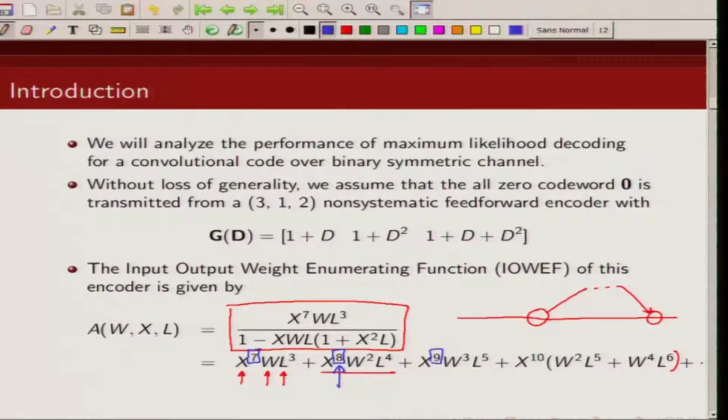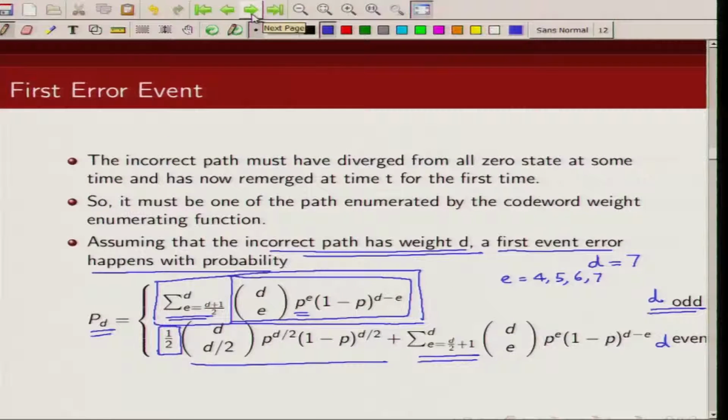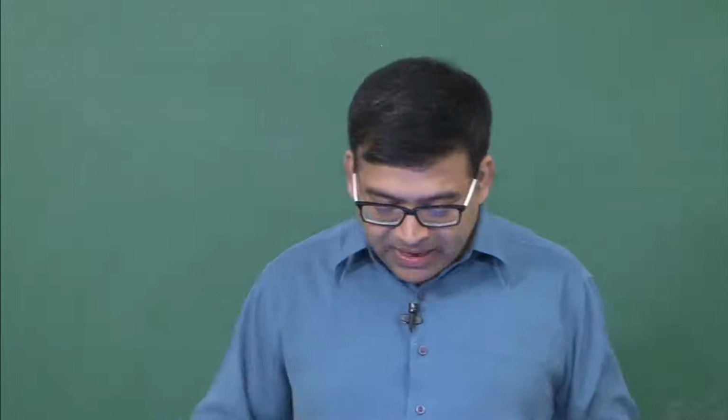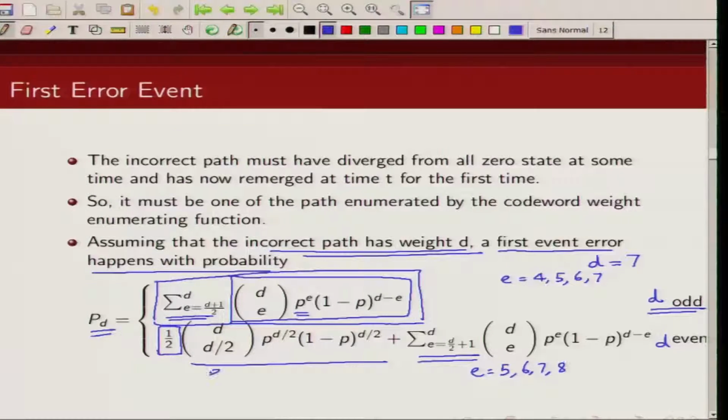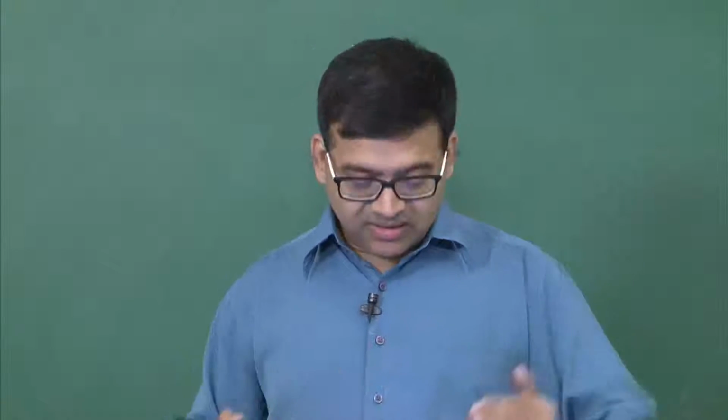If our incorrect path was of weight 8, then all error patterns of 5, 6, 7, 8 would have caused a decision in favor of this incorrect path, and whenever there is an error pattern of weight 4, there is a 50-50 probability that I may choose the incorrect path or I may choose the all 0 path, because the Hamming distance is the same from the all 0 path and this incorrect path.